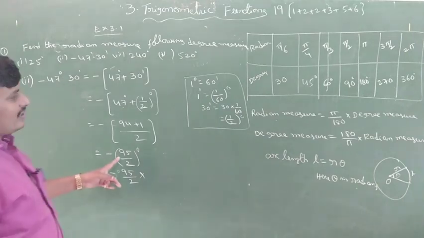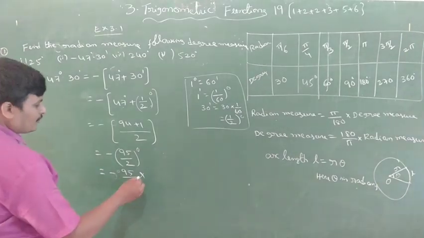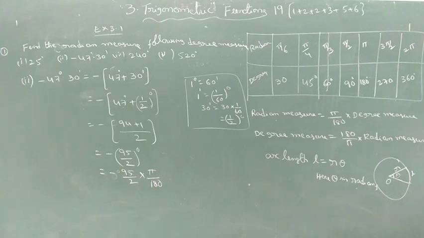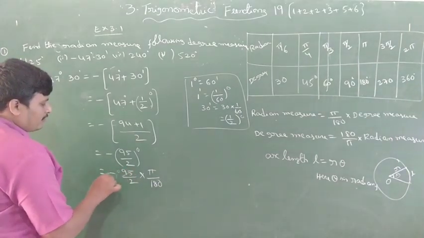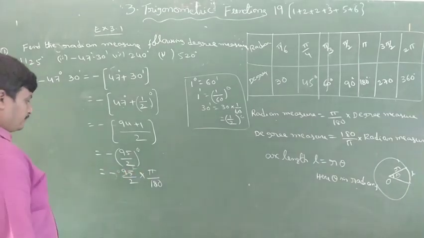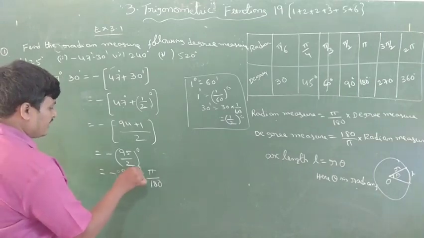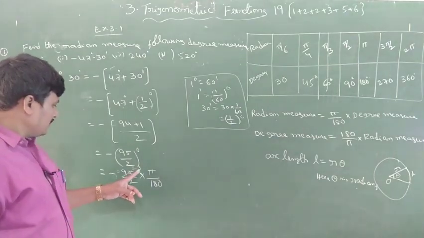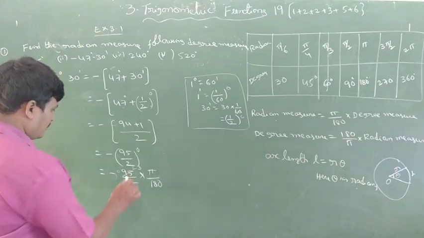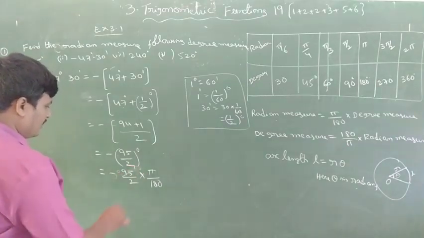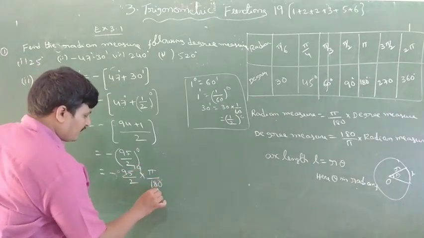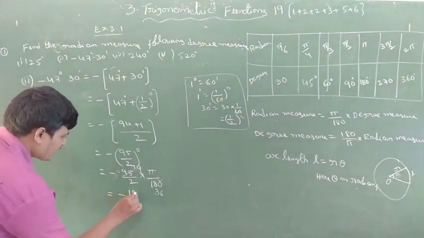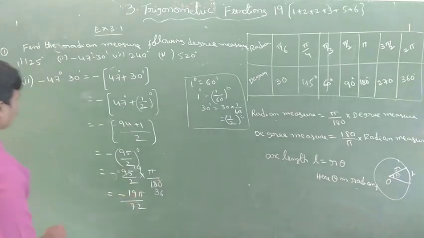Any cancellation? 5 twos are 10, 5 threes are 15, 5 nineteens are 95, 5 thirty-sixes are 180. So finally minus 19 pi by 72.